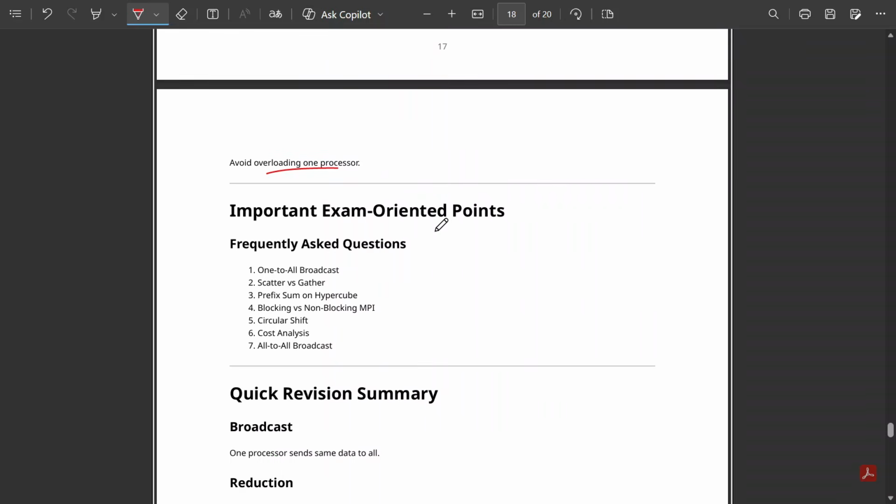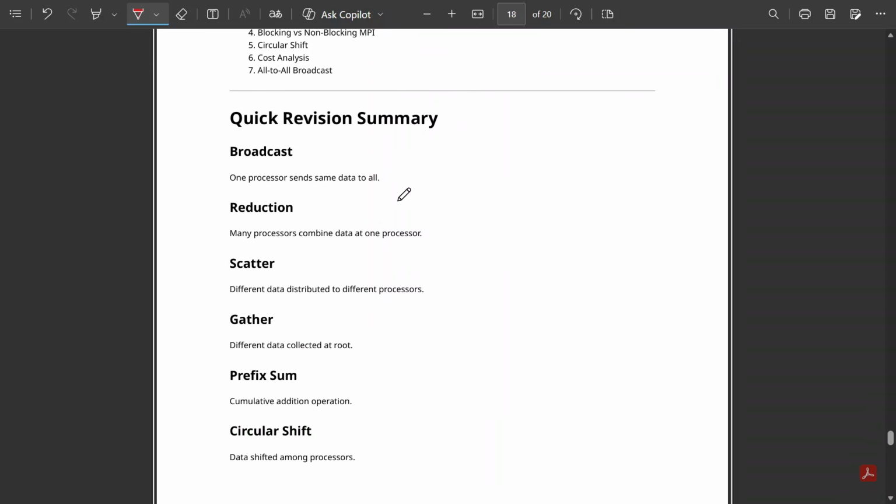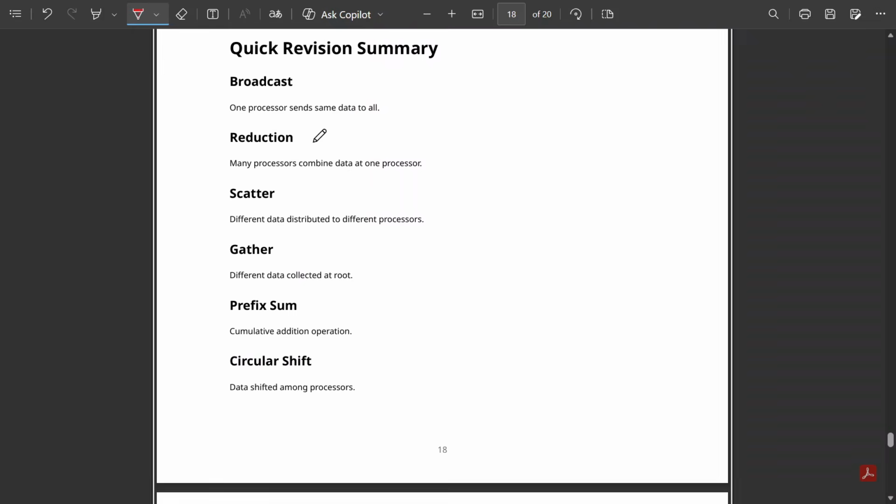That's it. Let us take a quick revision or summary of what we discussed in these few lectures. We have seen broadcast, where one processor sends the same data to all. Next we have reduction, where many processors combine data.